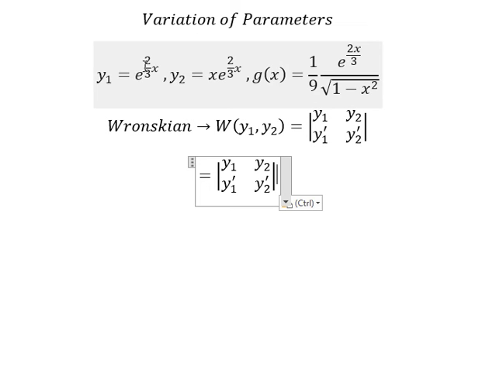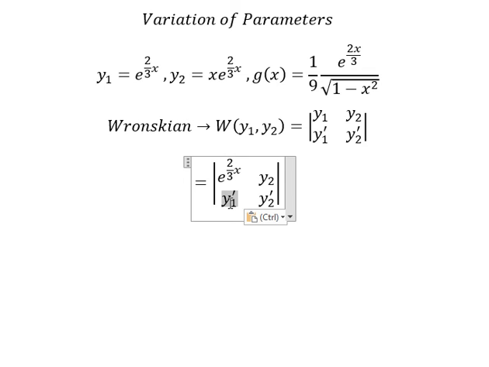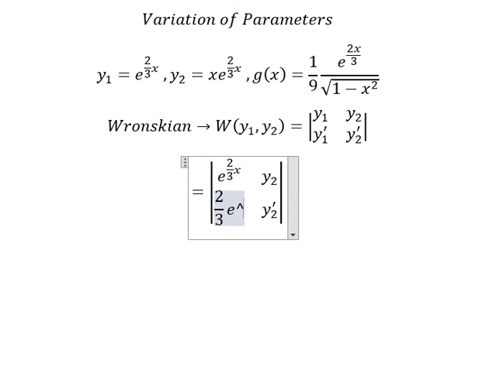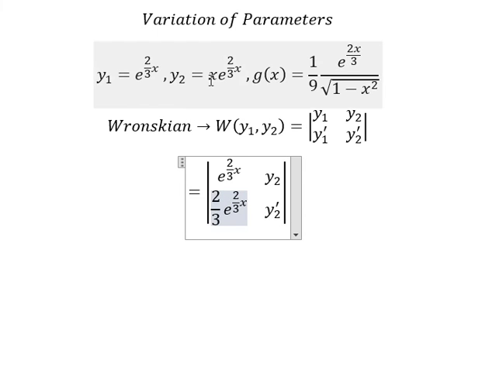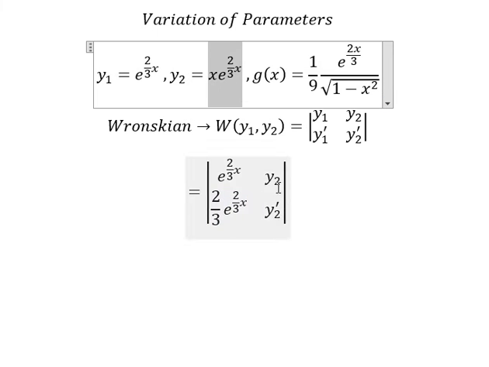So y1 I will put in here. The first derivative of y1, we have 2 over 3 e to the power of 2 over 3 s. Y2, we have this one.